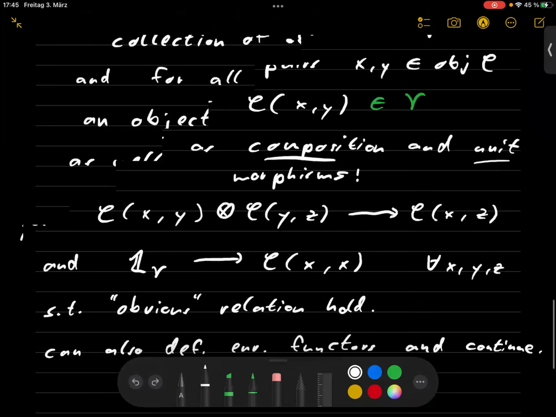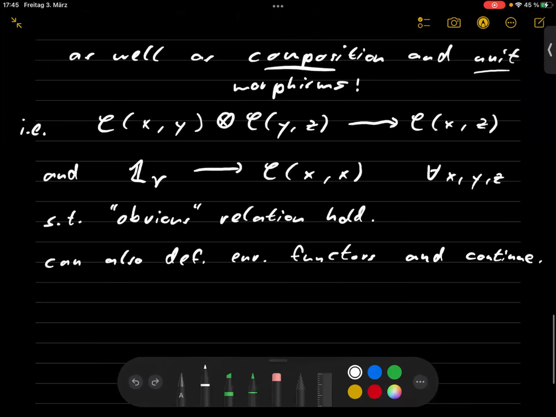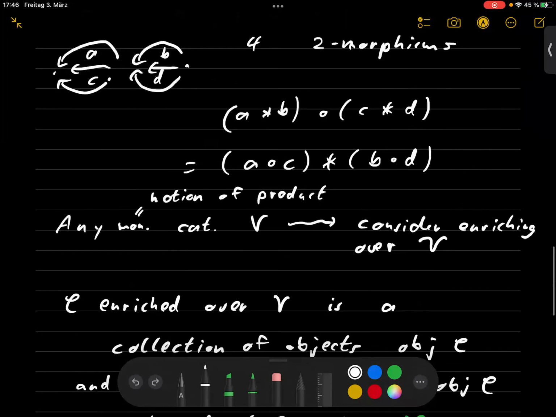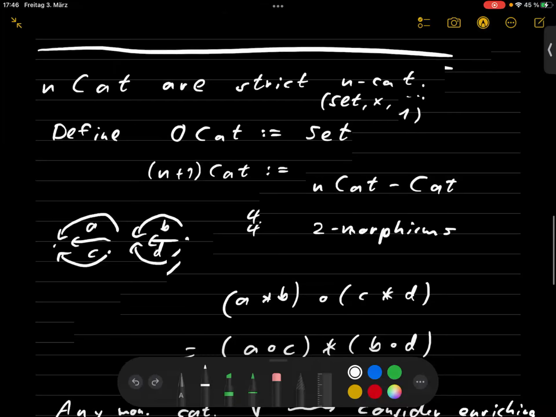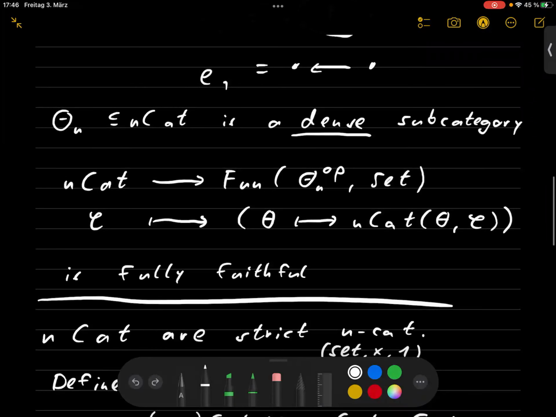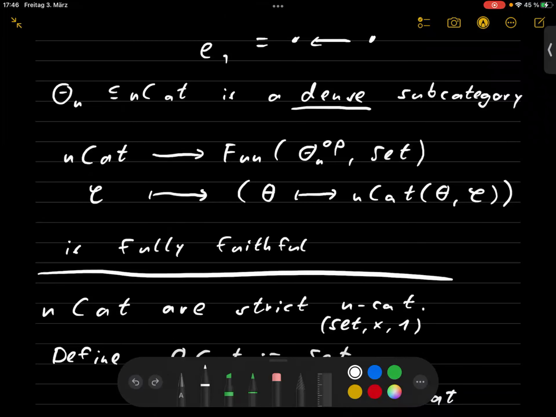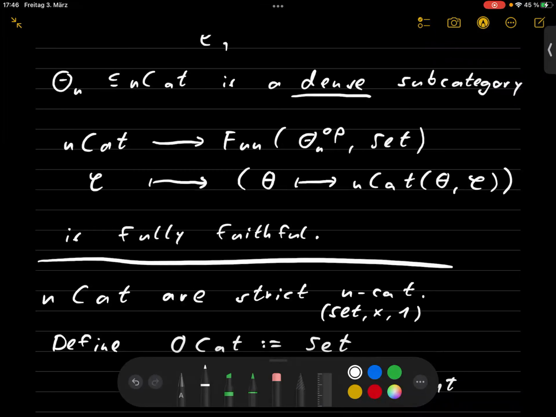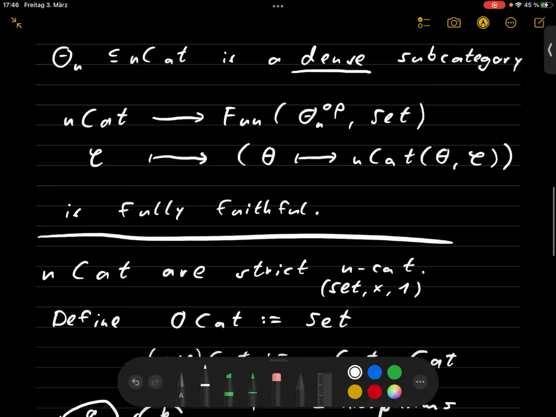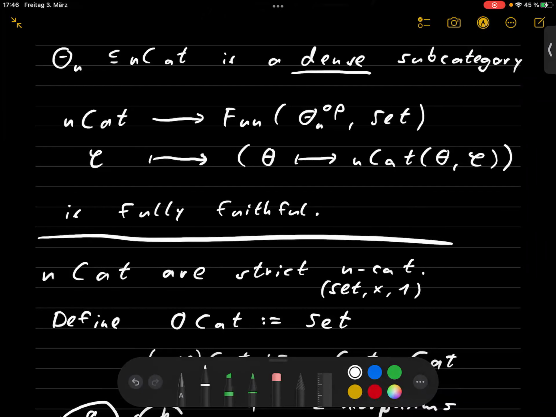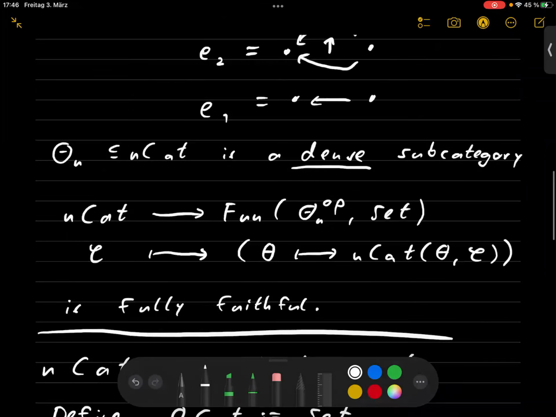And this is also the point why I want to say that this fact here is maybe not totally best for us, because what we want, maybe let's go back to what was the plan. So n-categories are the Theta n.